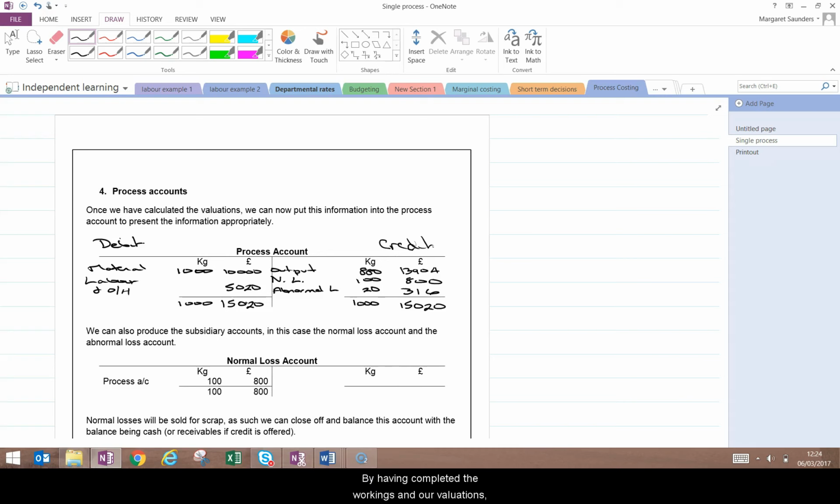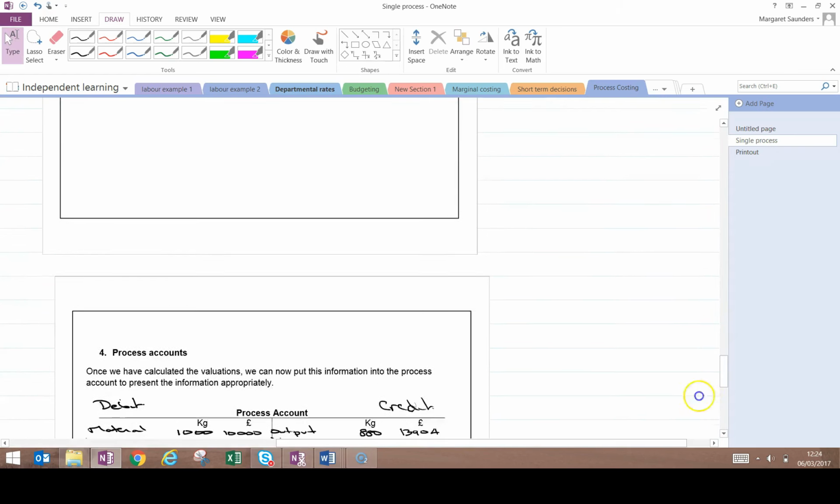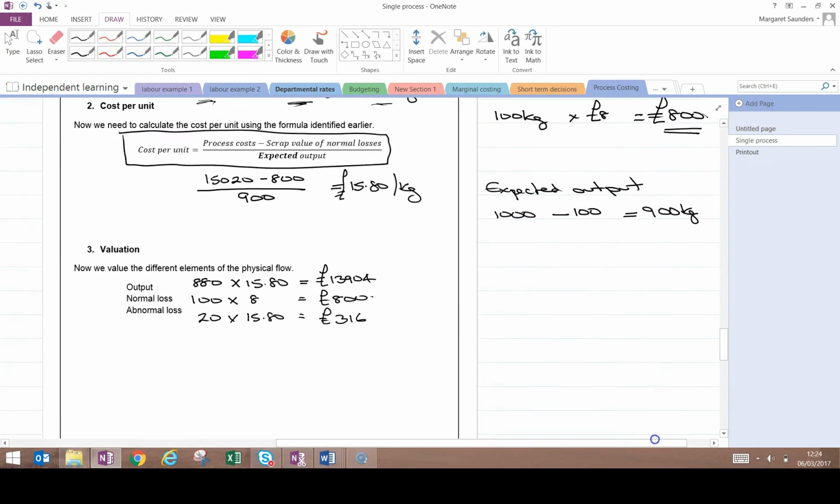By having completed the workings and our valuations, the process account itself is quite straightforward. It's just transferring these figures into the process account. And if we look at the cost per unit calculation, you'll see the 15,020, which was our process costs, is what also appears in the process account.